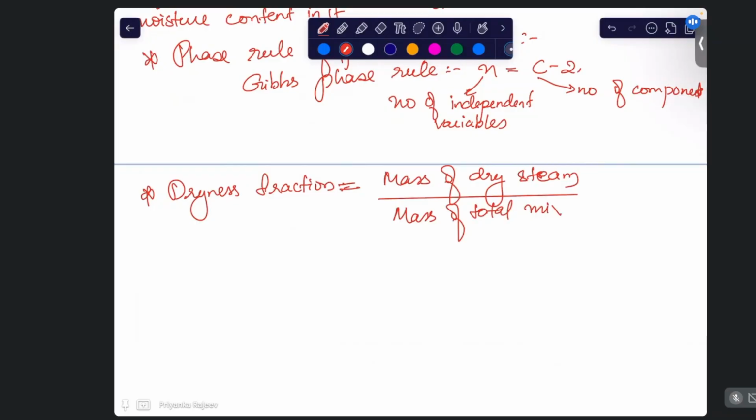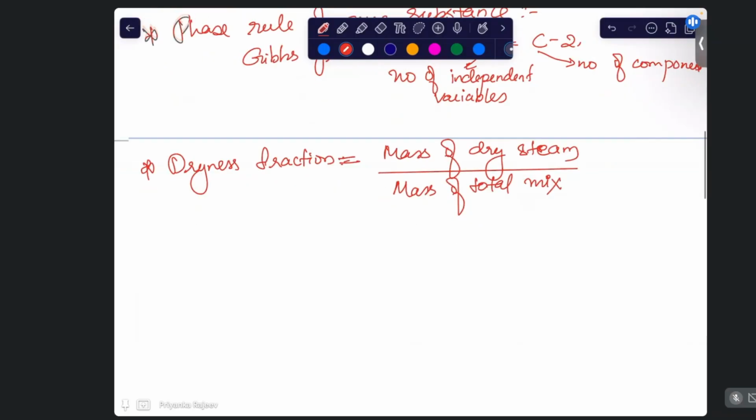If the steam has some moisture content in it, the mass of the total mixture will include the weight of the water content and the dry steam. If dryness fraction equals 1, it is not wet steam and doesn't have any moisture. But if dryness fraction is less than 1, it has more moisture content in it.